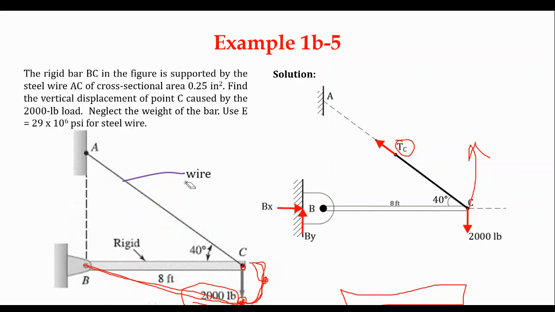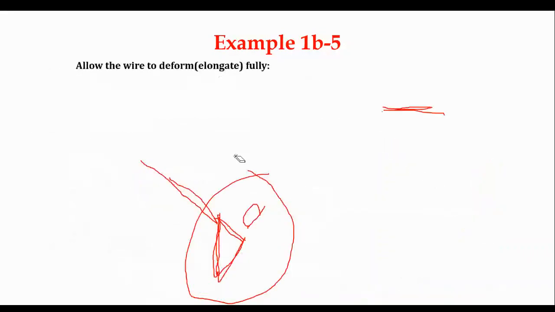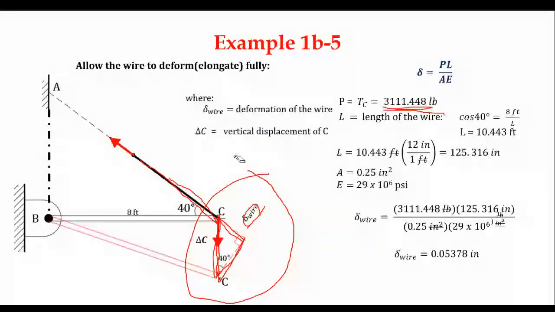But there is a 40 degree angle and the 8 here, so we can solve the hypotenuse. Cos 40 equals 8 over the length, so the length of the wire is 10.443 feet.